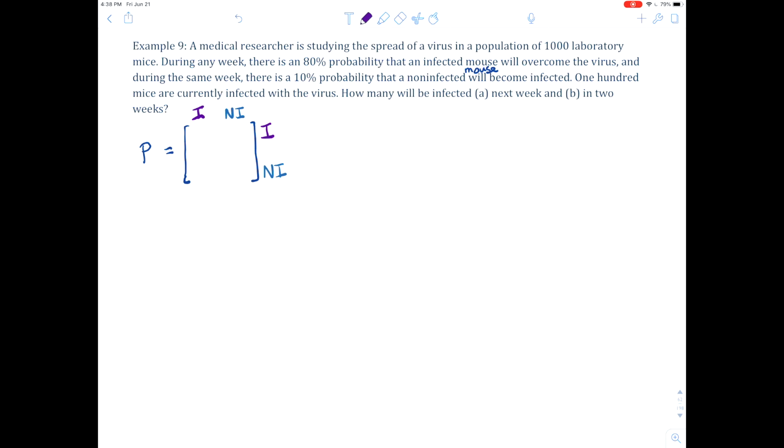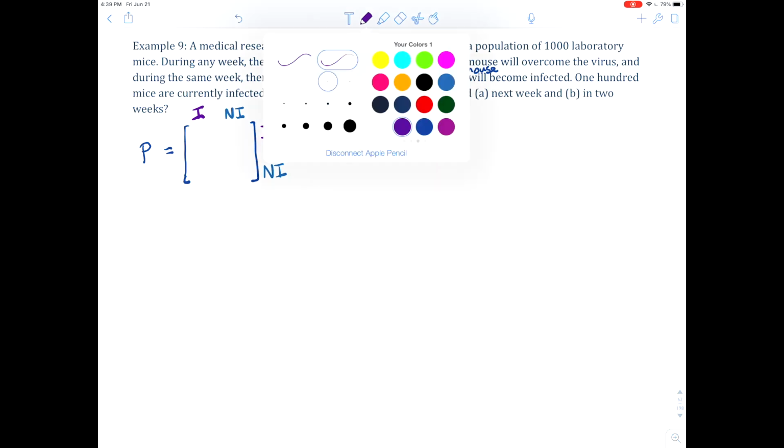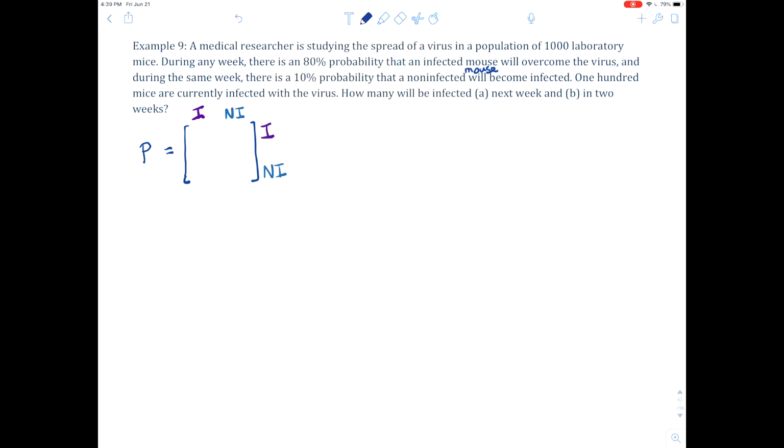Okay, and so we can just put these little in general deals. So for our general setup, this would be P11, P12, P21, and P22. Cool, cool? All right. So now that's our general format.